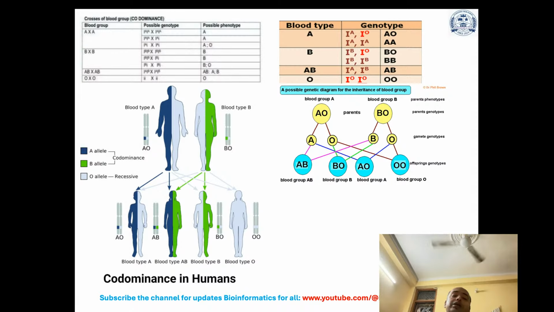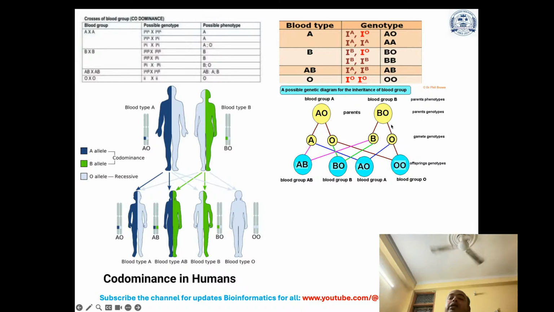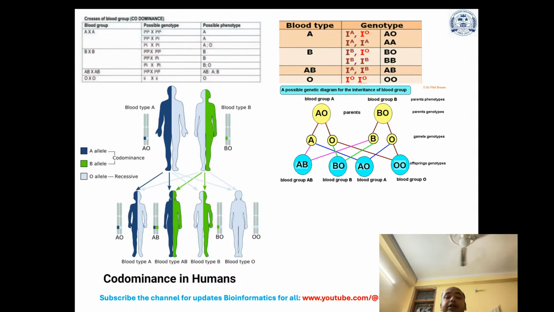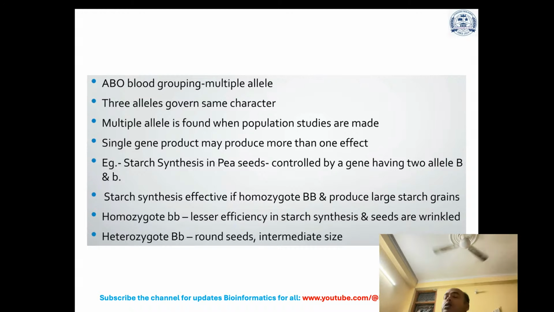Now, for the details of blood group crossing, you can see the possible genetic diagram for the inheritance of blood group. This is the best representation, and these genotypic combinations will help you understand it. So now we can conclude these blood group cross combinations. In ABO blood grouping, multiple alleles are present. Three alleles govern the same character. Multiple alleles are found when population studies are made.